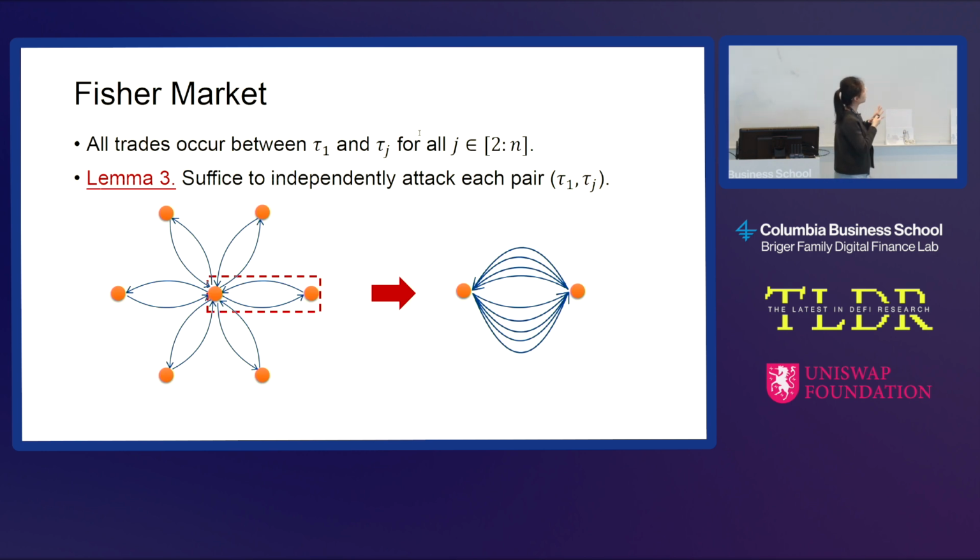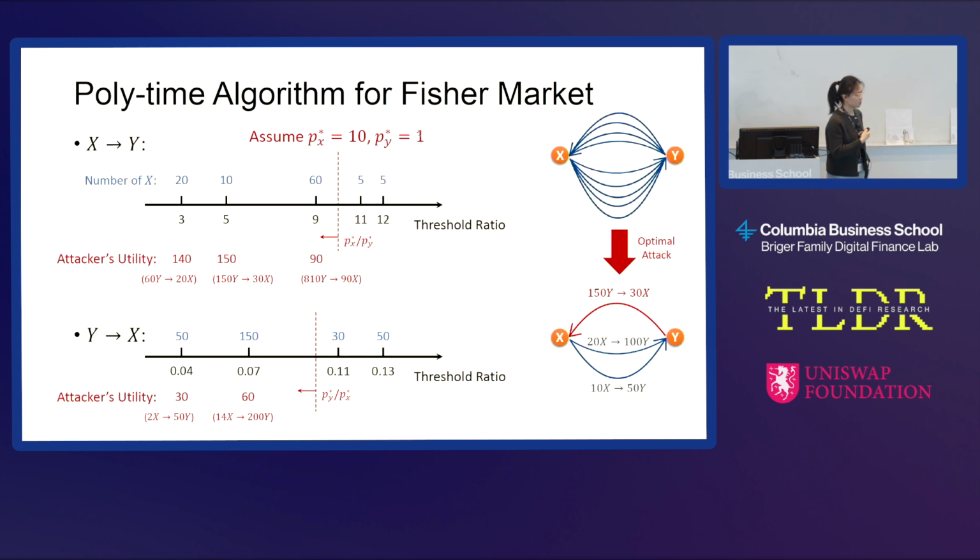If we look closer at each sub-market, you can find that there may exist multiple transactions in each direction. But with more effort, we can develop a polynomial algorithm to find the optimal strategy. But I will skip that here. If you are interested, I'm happy to chat about this later.